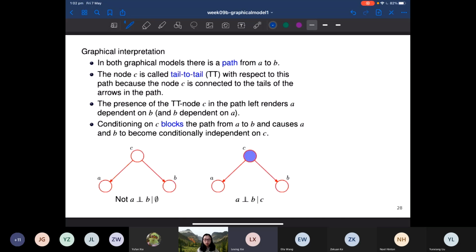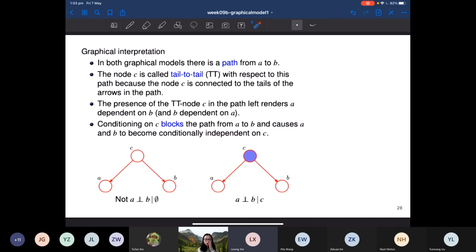The graphical interpretation of this is we now call this particular pattern the tail-to-tail pattern. Basically, there are two sibling nodes sharing the same parent node. It's called the tail-to-tail pattern because the node C is connected to the tails of arrows in the path. Right.